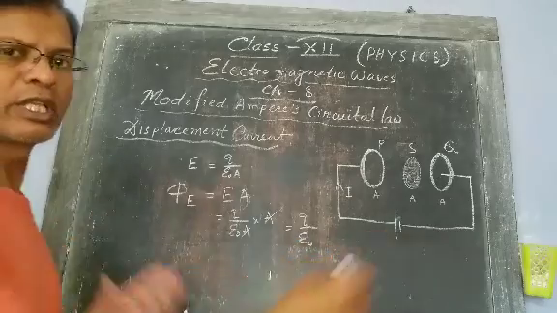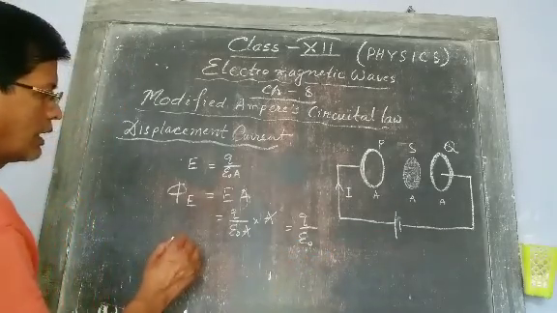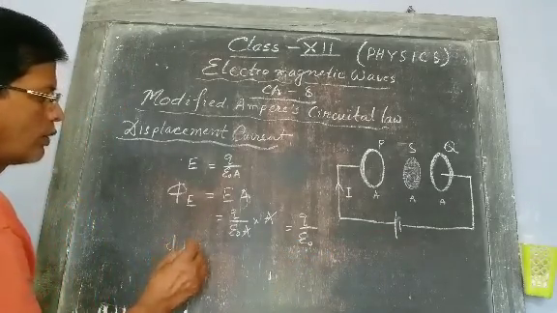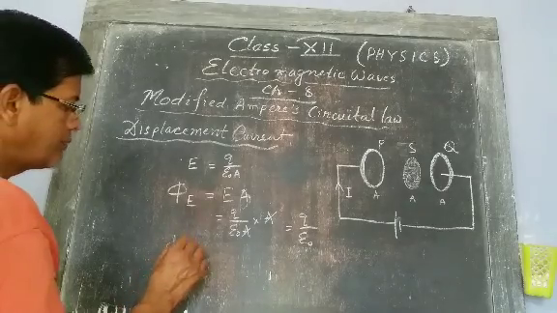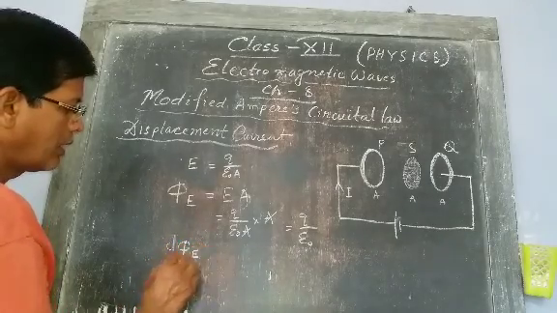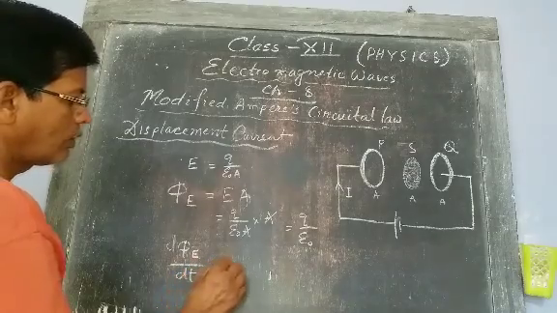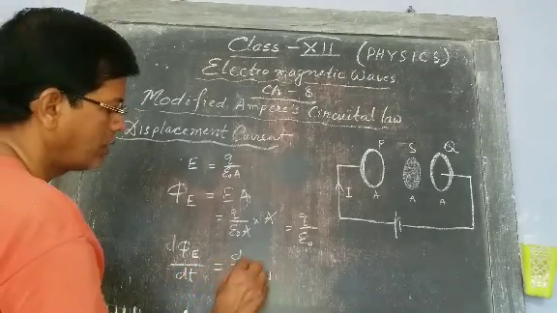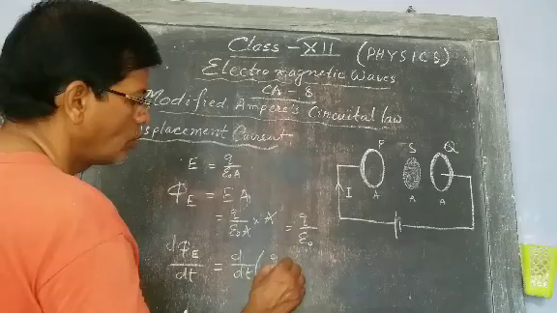Now differentiate both sides with respect to t. d phi E by dt equal to d by dt of Q by epsilon naught.